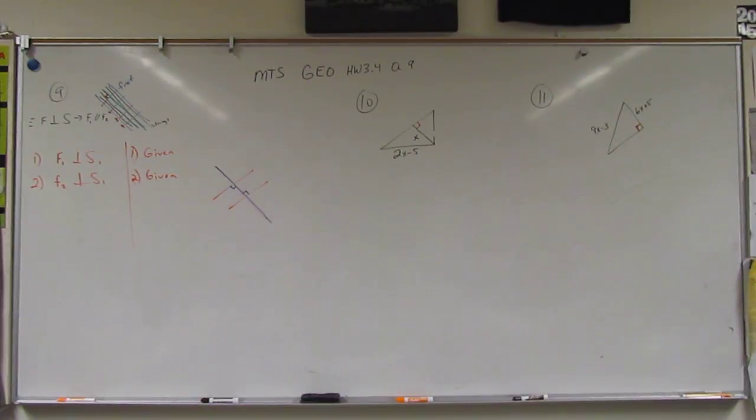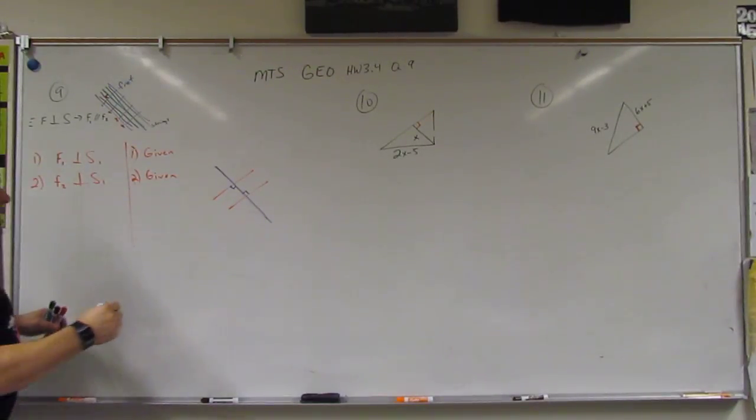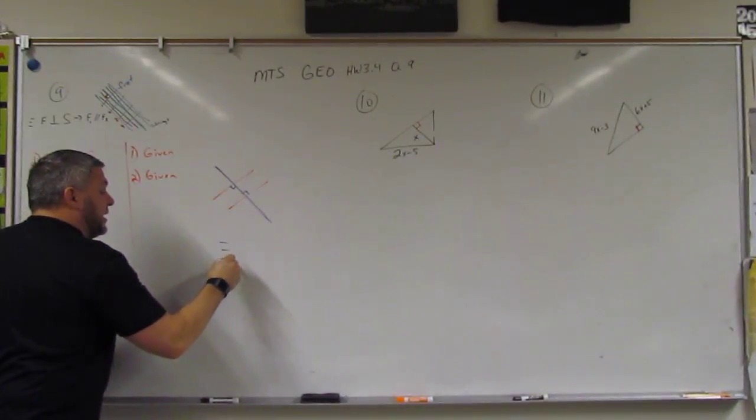I want to use what's called alternate interior, because I want to use our congruencies. Because if we use supplementary, then we have to do minus and plussing and all that stuff, right? But if I do congruencies, so much easier.